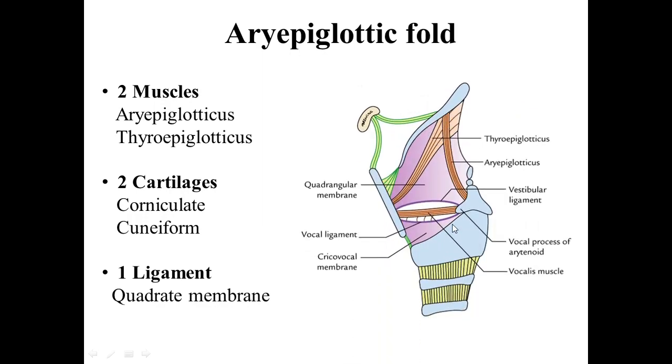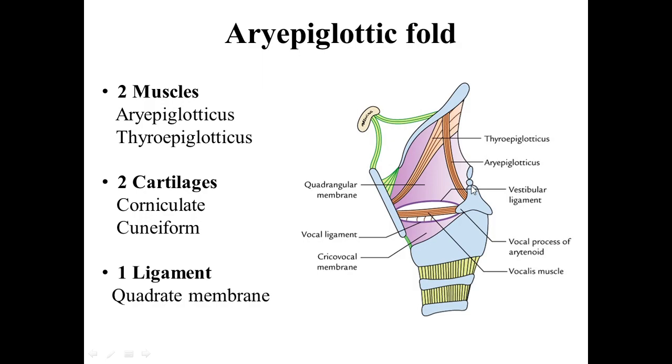Now in this picture, this is the epiglottis. This is the arytenoid cartilage. So extending from the arytenoid cartilage to the epiglottis, this mucosal fold is called the aryepiglottic fold. There are two aryepiglottic folds, and each contains two muscles.